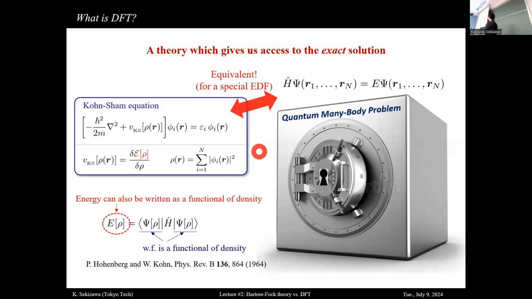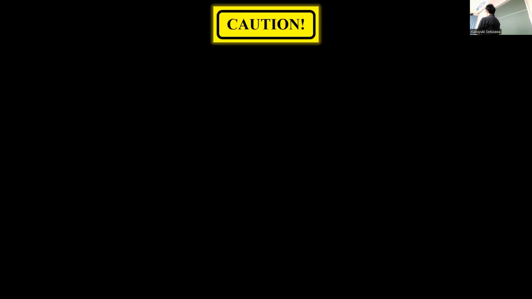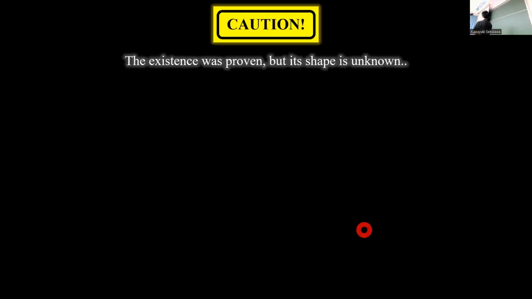Okay, so I will explain what's going on here. But the point is, this EDF, energy density functional, is a key to open this box to get the solution of the quantum many-body problem. But as I explain later, there is a caution.